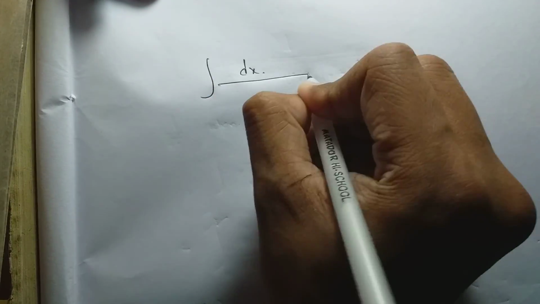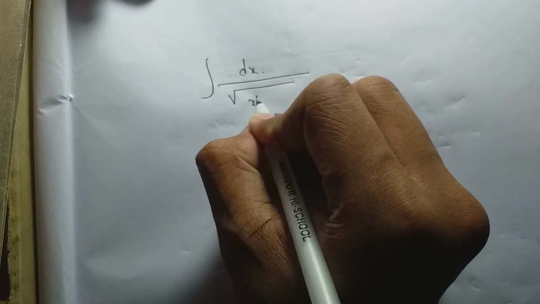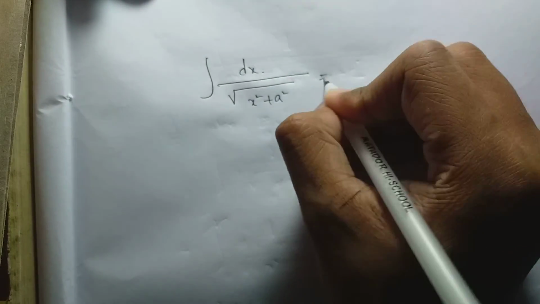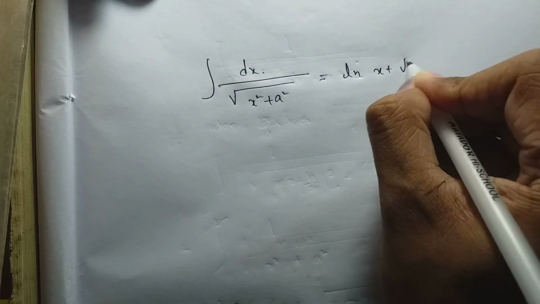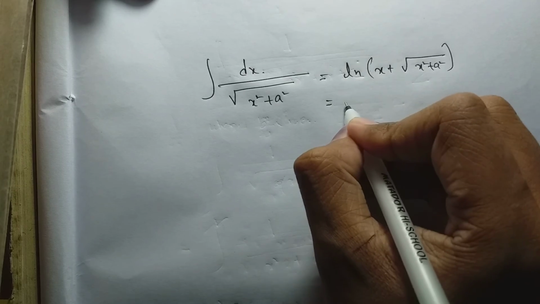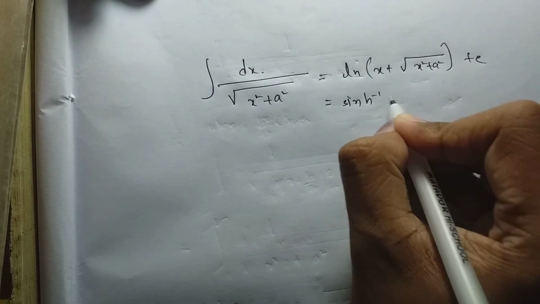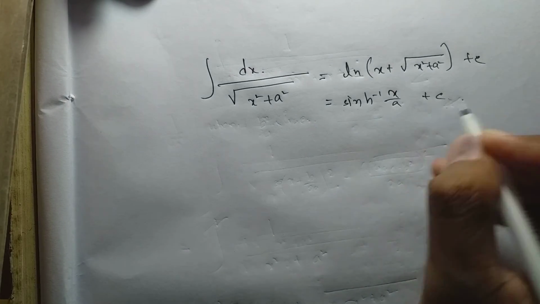For you, I'm writing the formulas right here. The integration of dx by root over x squared plus a squared equals ln of x plus root over x squared plus a squared plus c, or sinh inverse x by a plus c.